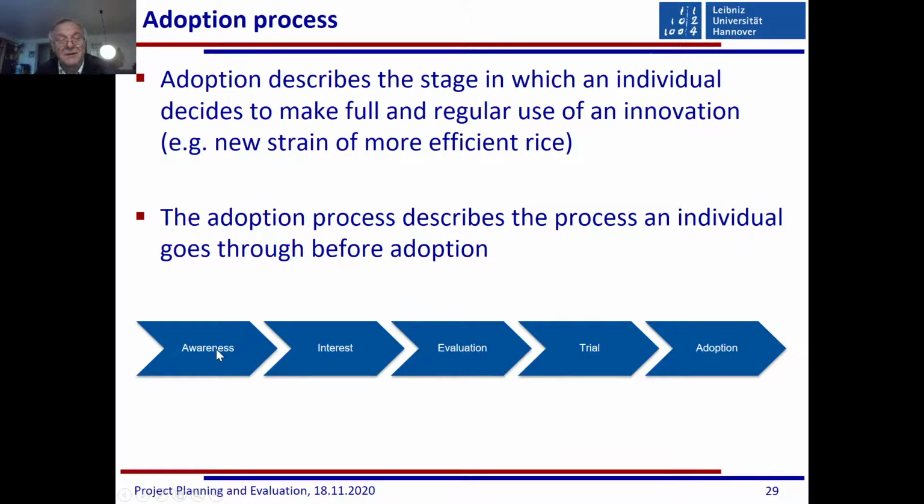There is awareness first, and then some interest in that technology. Then there is an evaluation. This is what every one of you does when faced with a new smartphone. Then maybe you try it out, and then you adopt it, right? So it's a kind of process. And in a project, you may try to influence this process, and it could be part of a project cost.